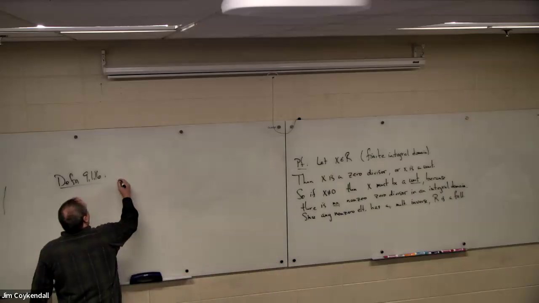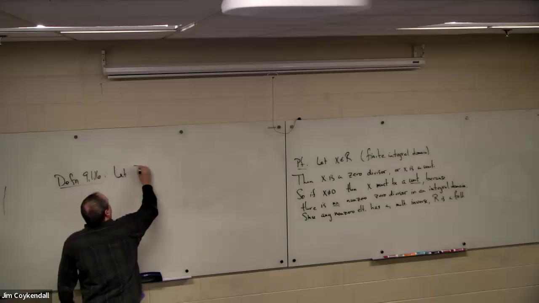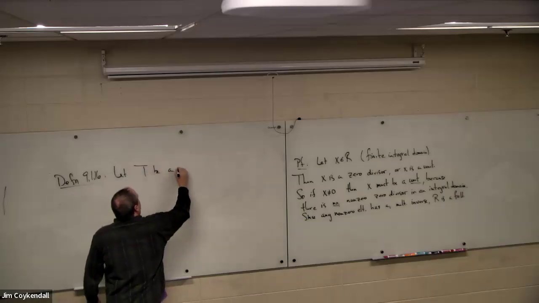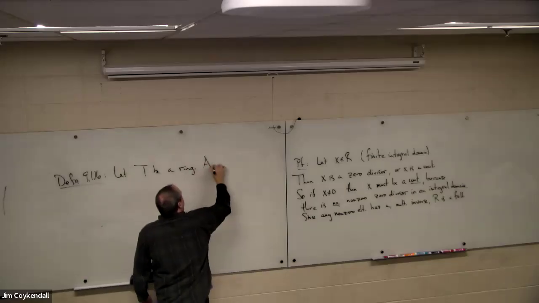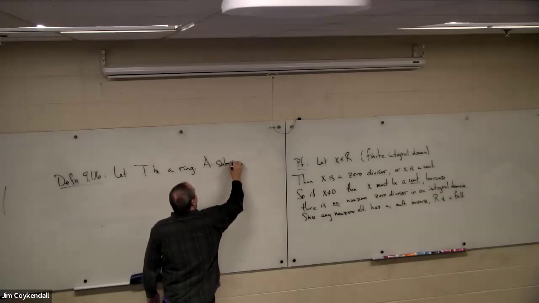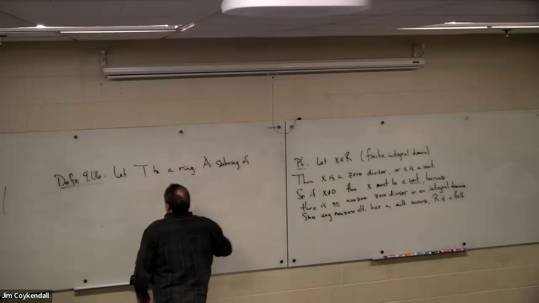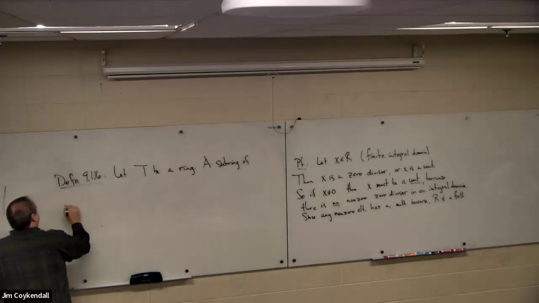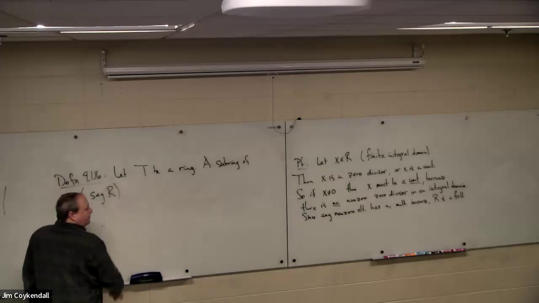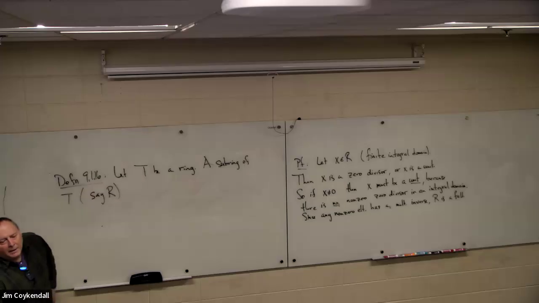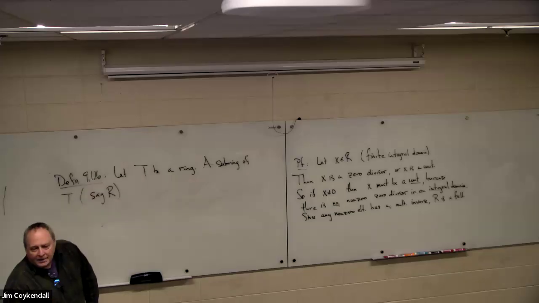So let T be a ring. A subring of T, I'll call it R. Well, T is a ring, so that makes it a group first and foremost. So I bet a subring should probably be a subgroup too.